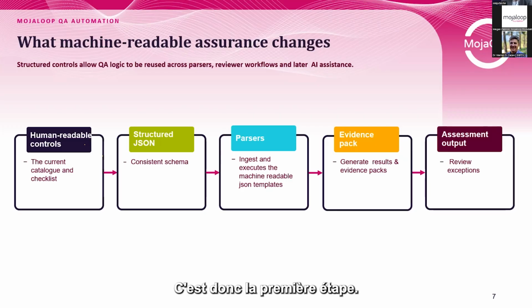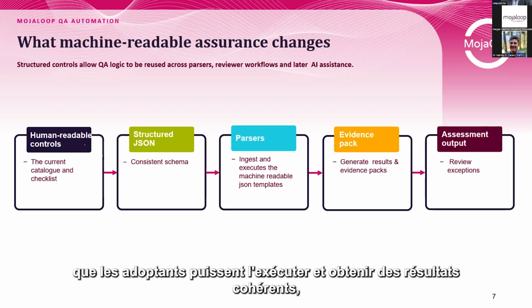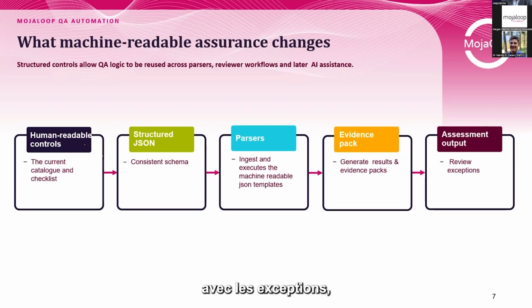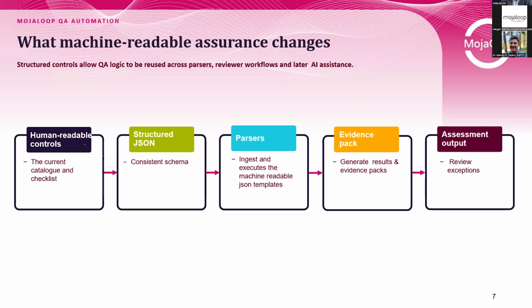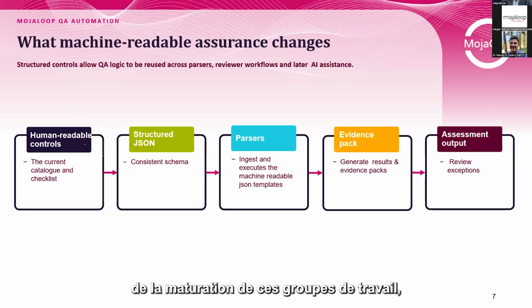That is the first stage, and that is where we are right now. But the goal really is to automate this process so that adopters are able to run this and get consistent outputs with exceptions, which can then be used for remediations. Later on, as we mature this workstream, perhaps we can use AI assistance in the process for quality assurance.